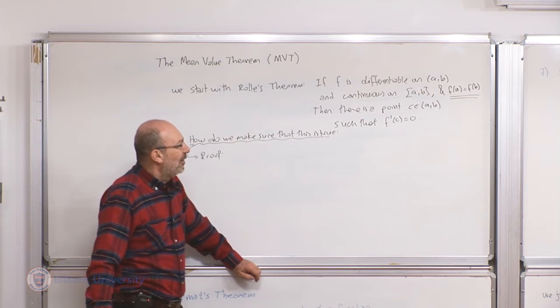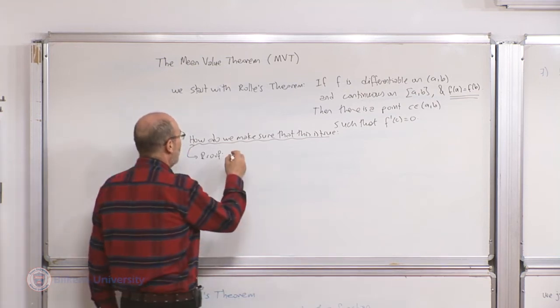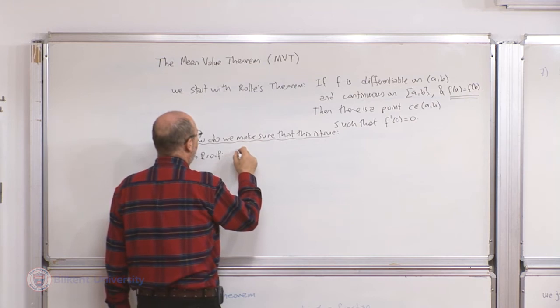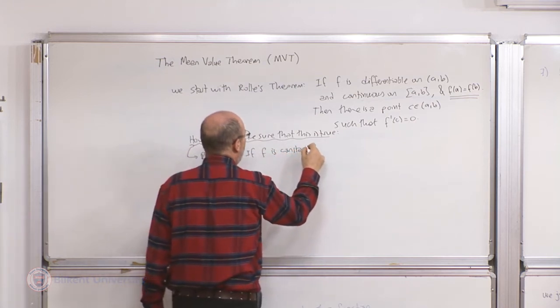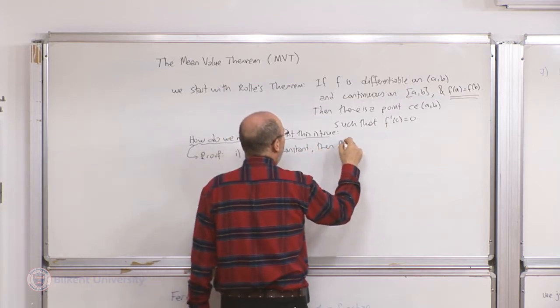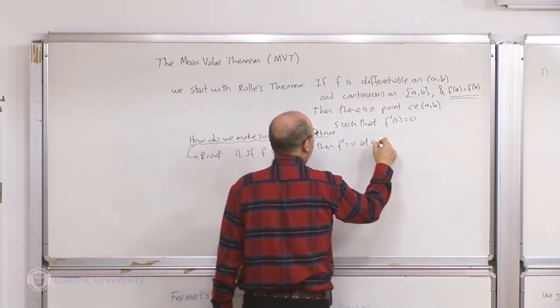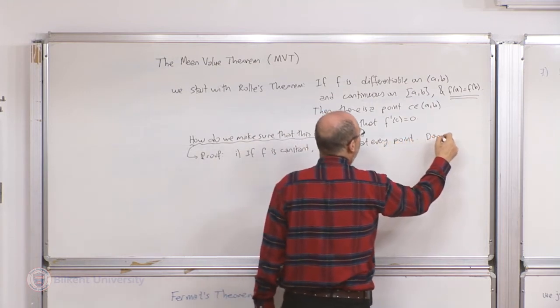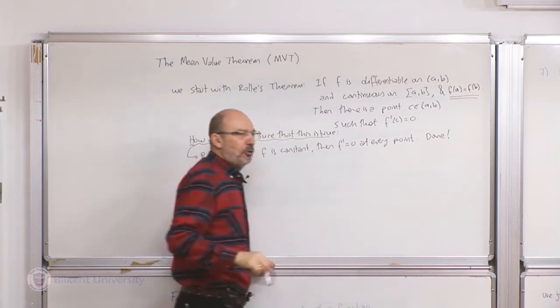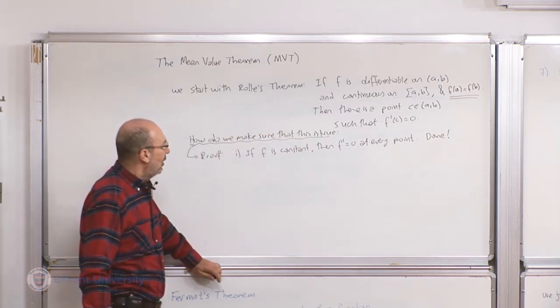Now, the first case: if f is constant, then f prime equals 0 at every point. So this is done. I choose any point inside, and it is done.